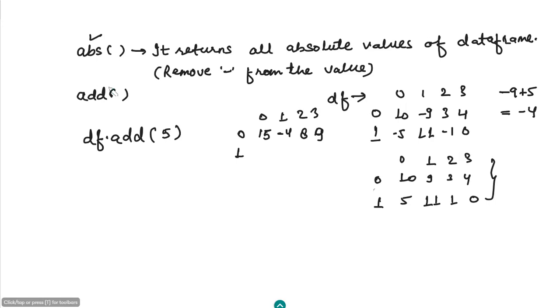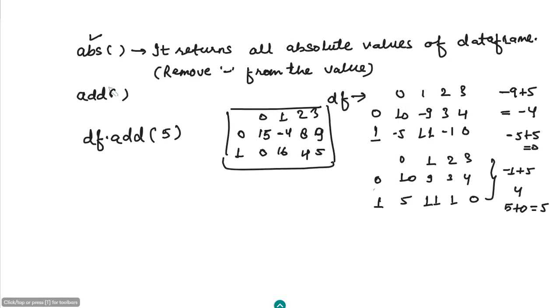And minus 5 plus 5 will become 0. And 11 plus 5, 16. And minus 1 plus 5 will become what? 4, right? 4. 5 plus 0 will become 5.